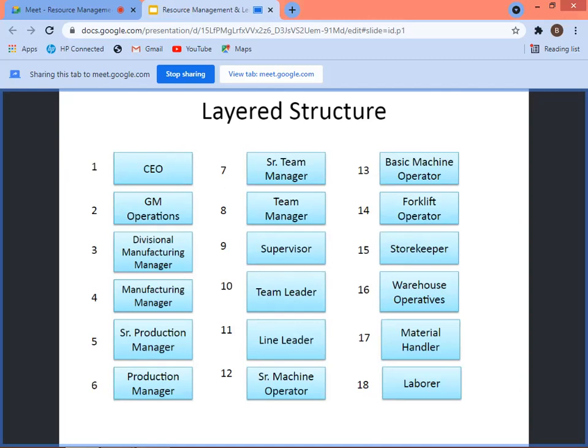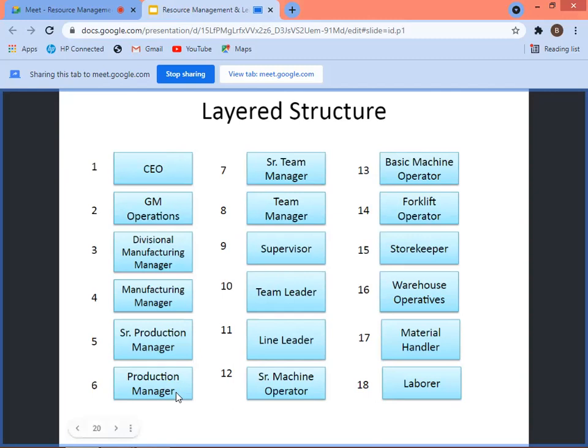Okay. If the problem is not solved within the line of team leader, then it will go up to supervisor. If already solved, then it's okay. Another problem crops up, he will solve it and if not able to solve it, escalated to team manager. Team manager is not able to solve it, escalate it to senior team manager.